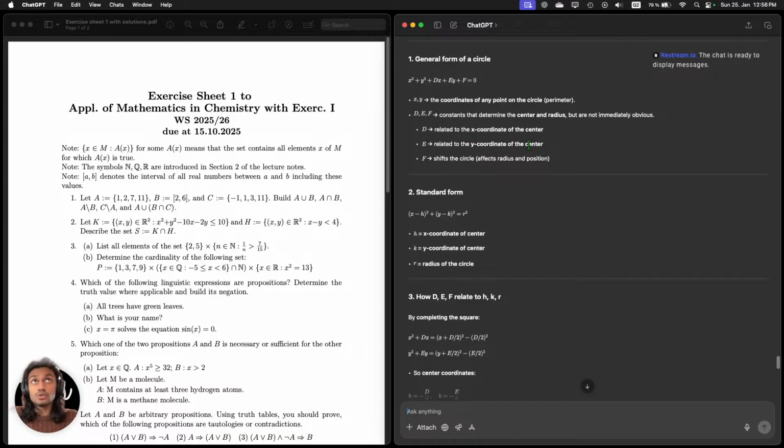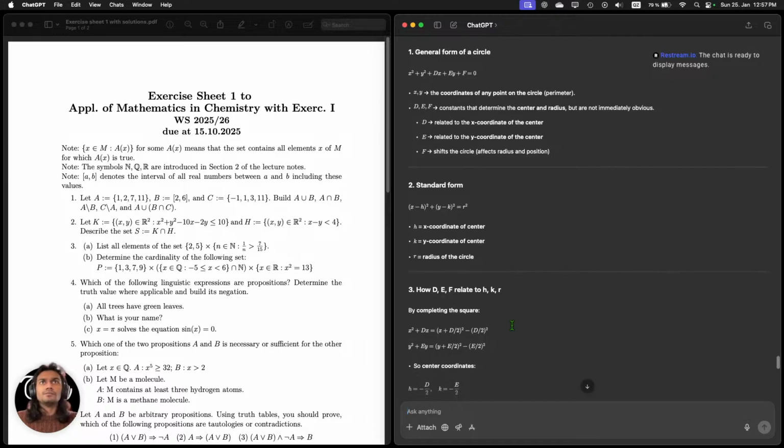E is related to the y coordinate of the center. F shifts the circle, affecting radius and position. Standard form: x coordinate of center, y coordinate of center. This is exactly the coordinate.